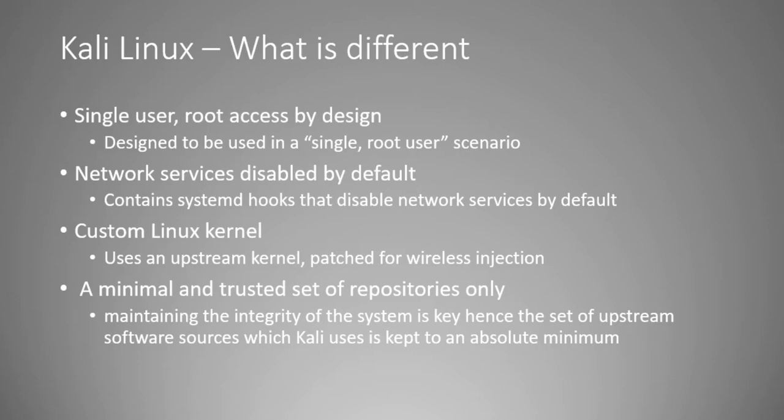Secondly, network services are disabled by default. What we mean here is that the systemd hooks are disabled by default, for the simple reason that when you are installing something on Kali Linux, the network is not present, and items like Bluetooth are not enabled by default, which also means that the Kali Linux distribution, especially the core, is held in all security.